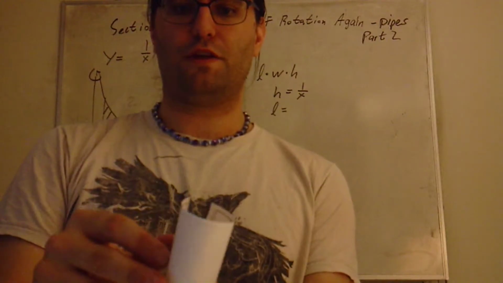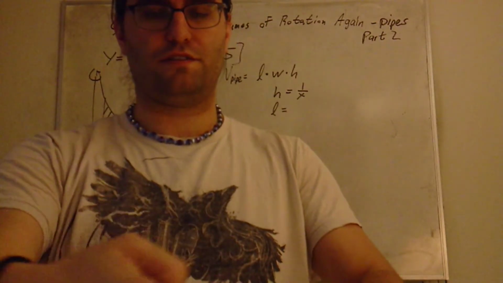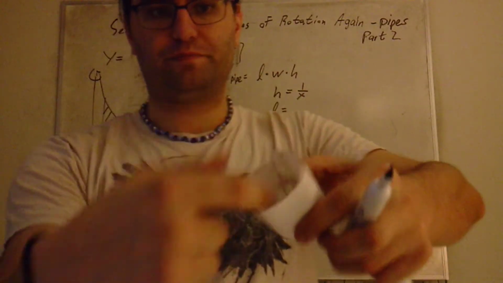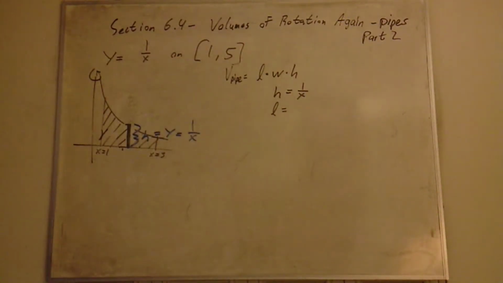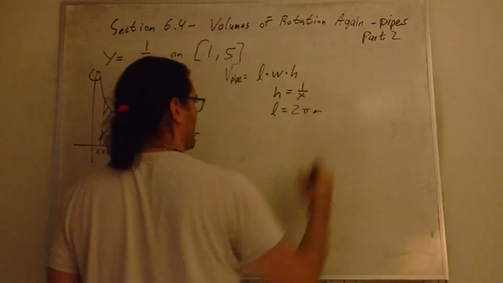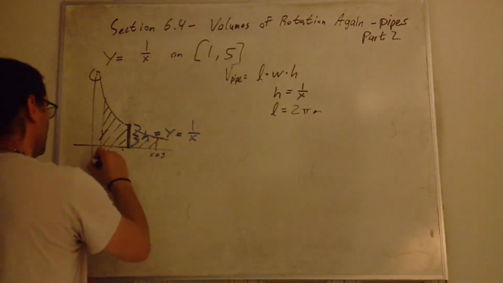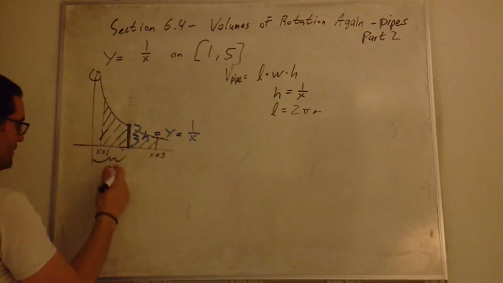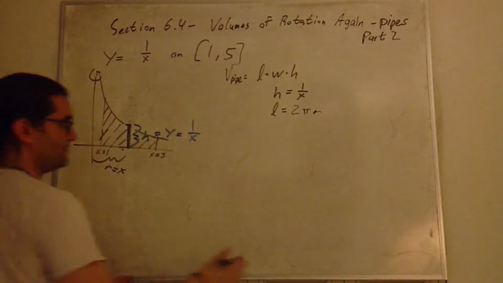But if we're thinking about this as a pipe, it's the circumference. It's the circumference. So the length is always going to be 2 pi r, because that's the circumference of this thing. And this is the radius from here to here, and that's just an x value.